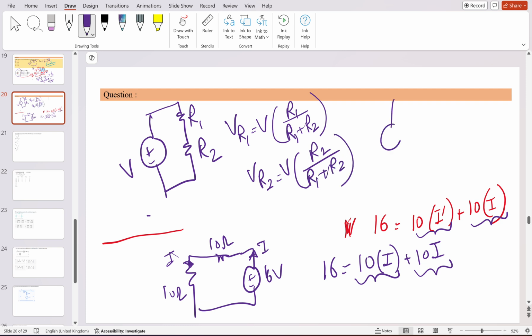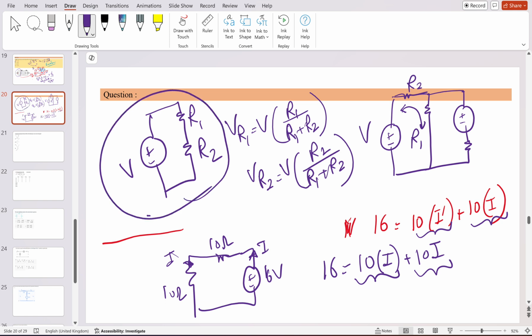But if it is like this, with voltage V, R1 and R2, and one more circuit with a voltage source and a series impedance, you cannot apply the voltage division principle across R1 and R2. This is simply for this circuit only. Getting my point?